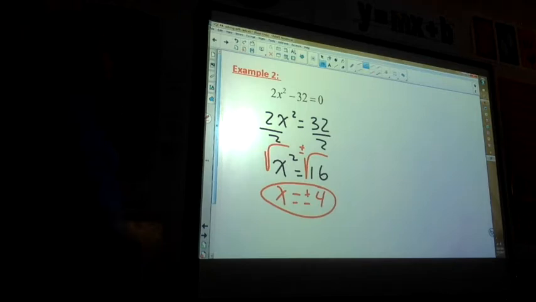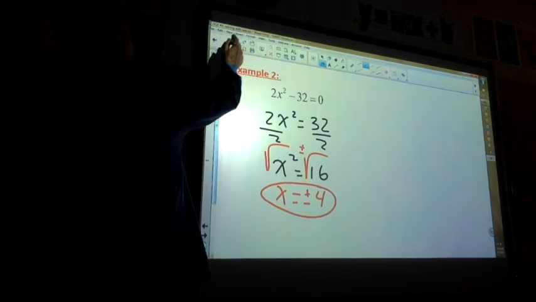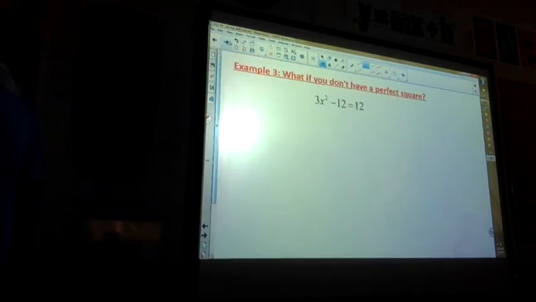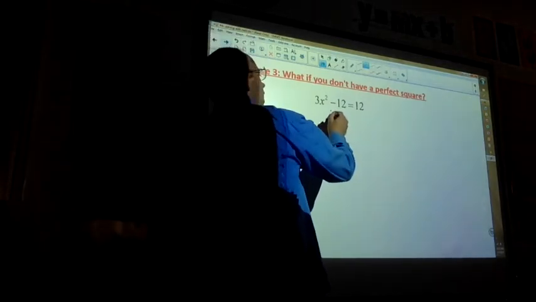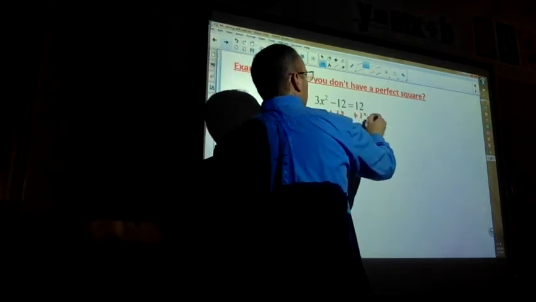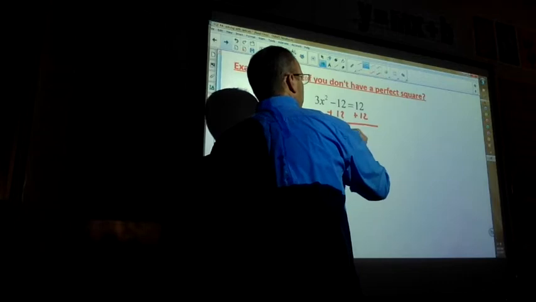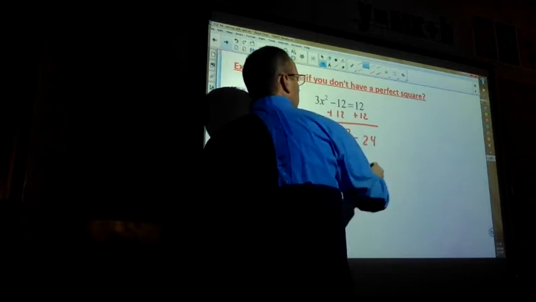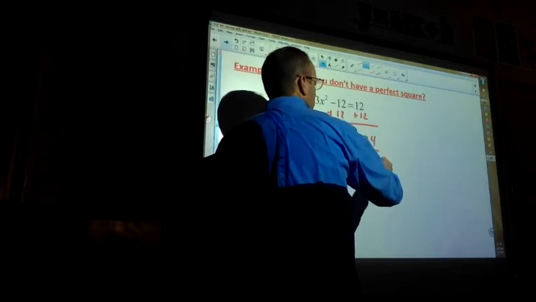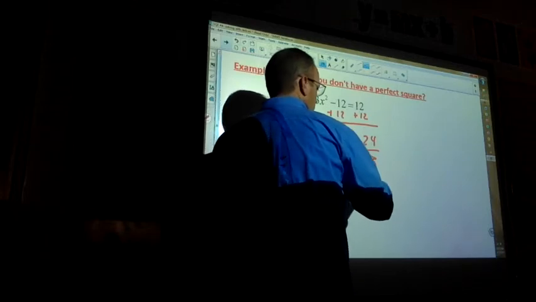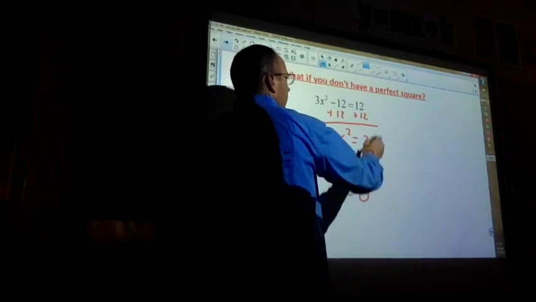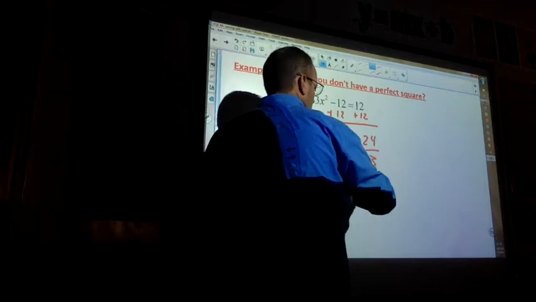Can I go forward? Next problem. Let's think about this. What should I do? Doing it our new way. Add 12. Is that all right? So I get 3x squared is equal to 24. Divide each side by 3. X squared is equal to 8. I'm going to take the square root of both sides.